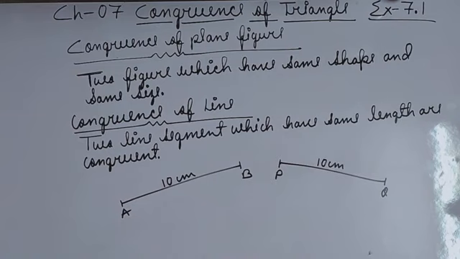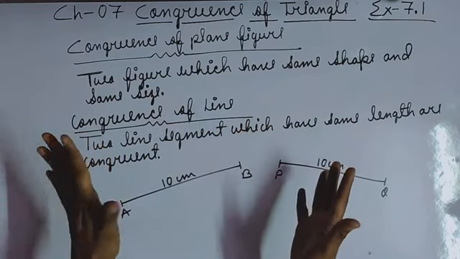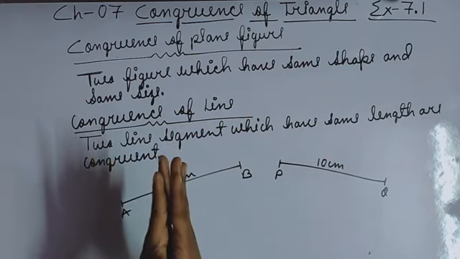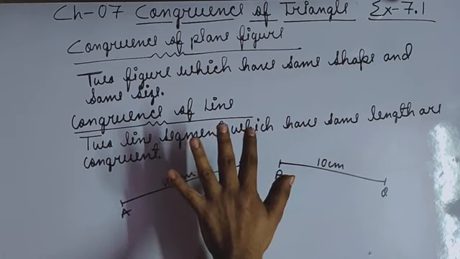From our body we have one congruent figure: our two hands. When I keep one hand over the other, you will find that nothing of the other hand is visible.